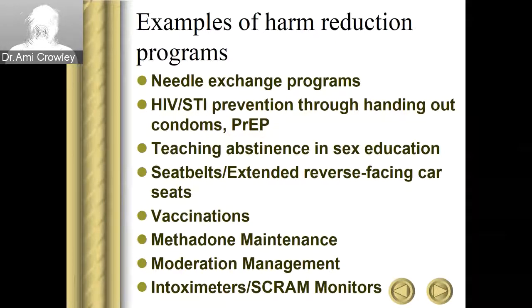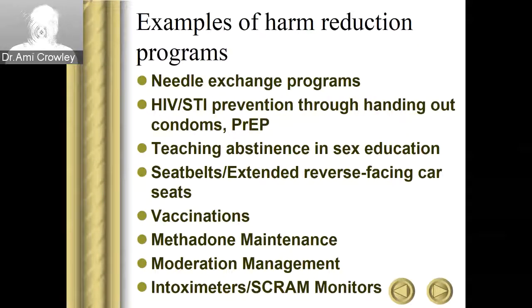Teaching abstinence in sex education. So many locations still take an abstinence approach to sex education, which is a form of harm reduction. Seatbelts are a form of harm reduction. Extended reverse-facing car seats are a form of harm reduction. Vaccinations are a form of harm reduction.